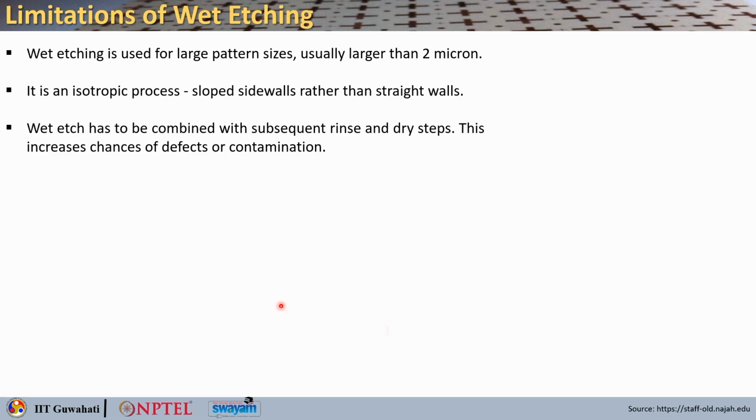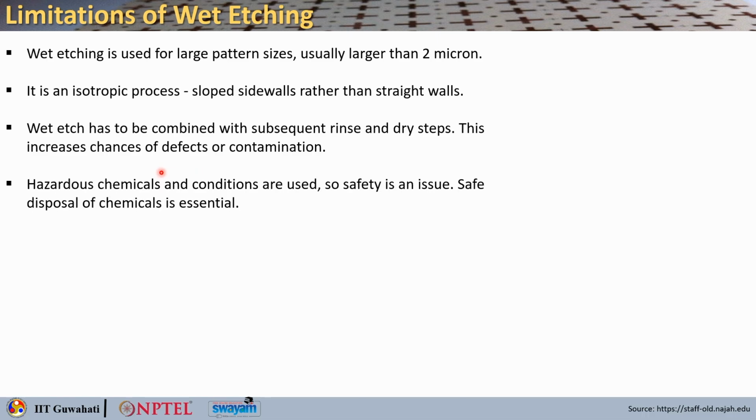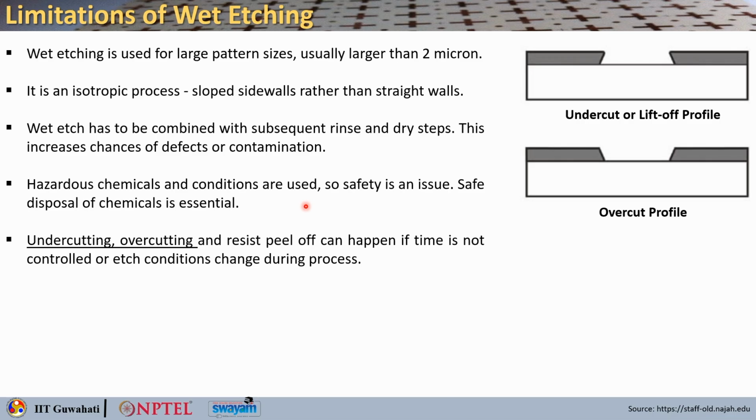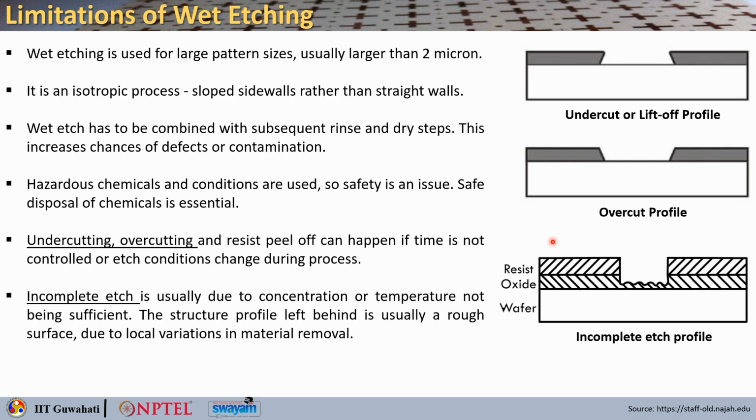Wet etching can be combined with subsequent rinse and dry steps, and this increases the chance of defects and contamination. Here hazardous chemicals and conditions are used, so safety can be an issue. Safe disposal of the chemicals becomes very essential. And then undercutting or overcutting and resist peel off can happen if time is not controlled or etch conditions change during the process.